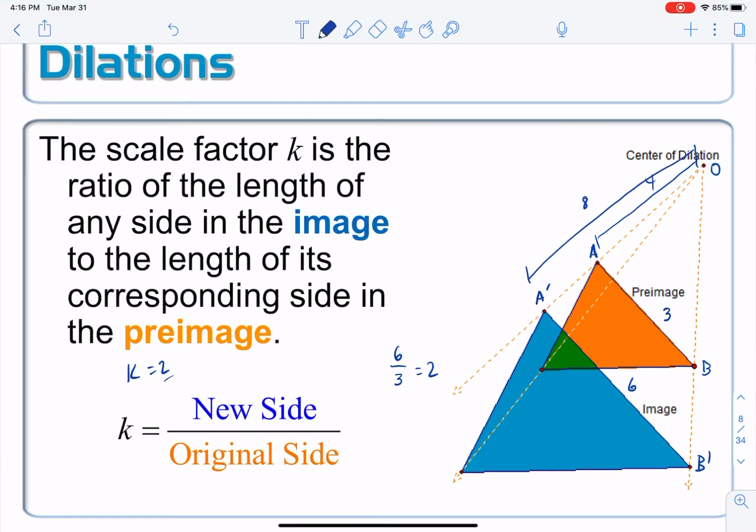It's got to be 8. It's twice as far away from that center of dilation as our original set of points. And again, if I were to divide them, 8 divided by 4, I get my scale factor of 2, assuming that that's what it is. Notice that those distances play out along the same exact ray that connects any two corresponding points.